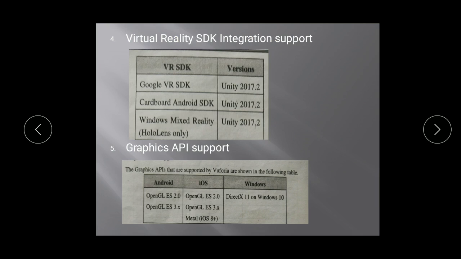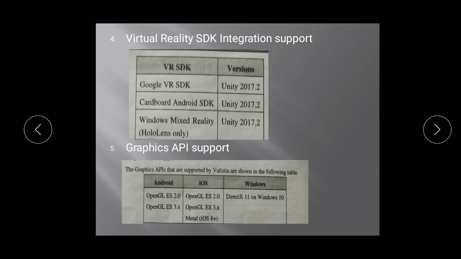For virtual reality SDK, you have Google Virtual Reality SDK for Unity 2017.2 version, Cardboard Android SDK for Unity of the same version, and Windows Mixed Reality for HoloLens only, that is till the current version of the syllabus, Unity 2017.2 version. This version is applicable for all three different platforms, that is Google, Cardboard Android and Windows Mixed Reality.